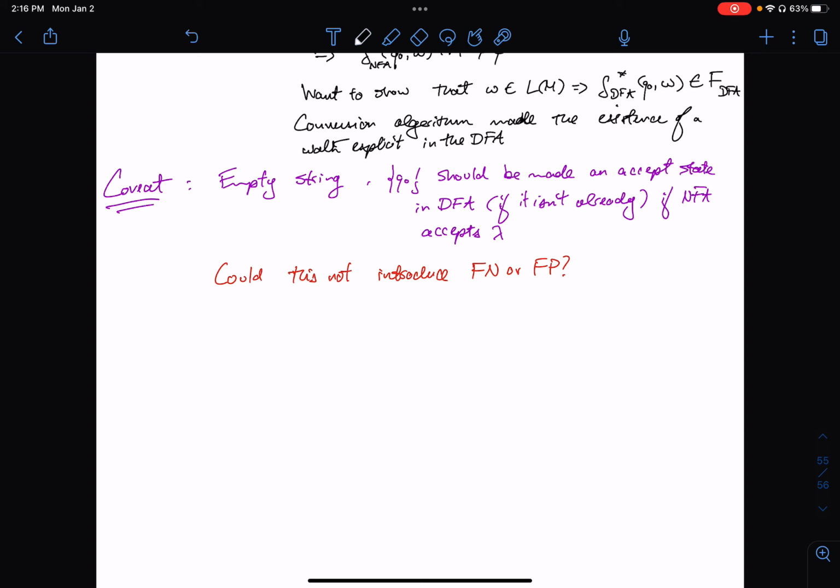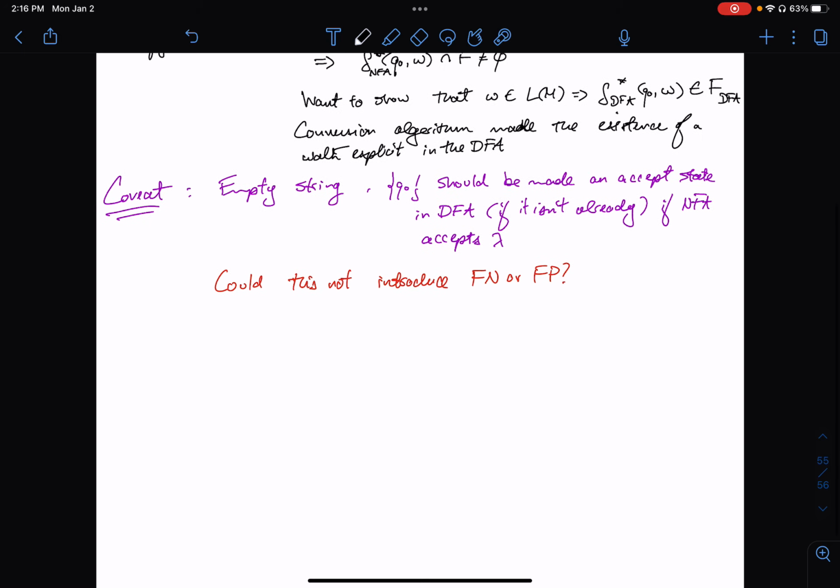What that would mean is that Q0 is not in F. Because if it was, the set containing Q0 in the DFA would already be an accept state, and you wouldn't have to go through this step.